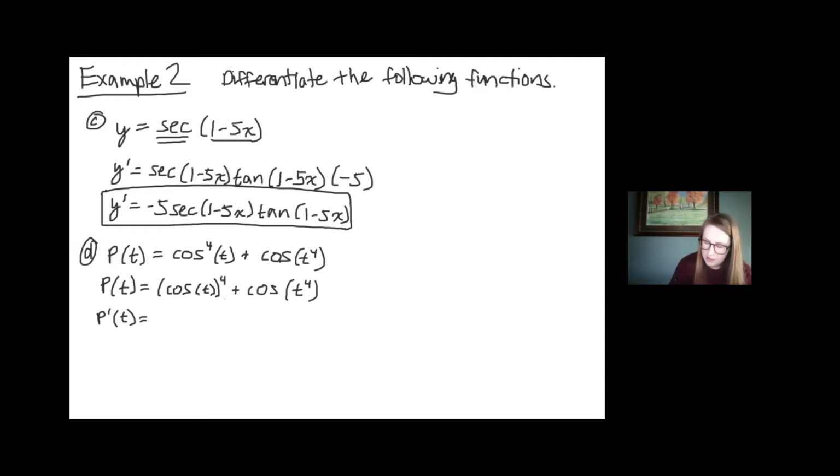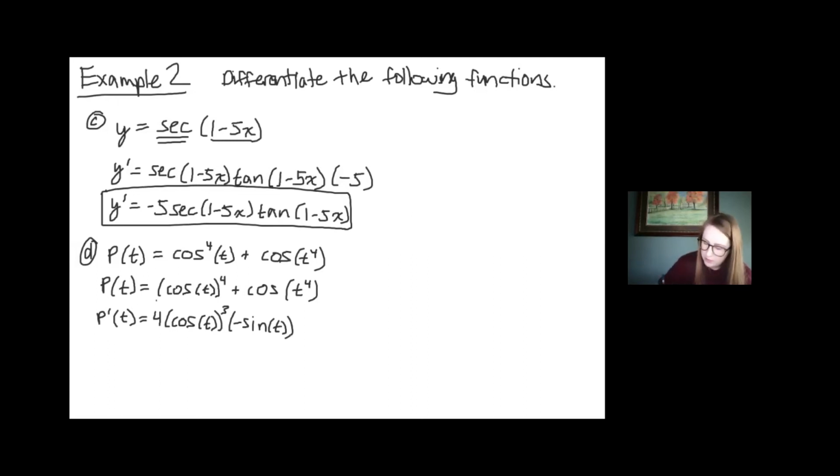Okay, so the outside function would be 4 cosine of t to the third. And then we have to multiply that by the derivative of the inside function. So the derivative of cosine is negative sine. So that's just the derivative of this first term.